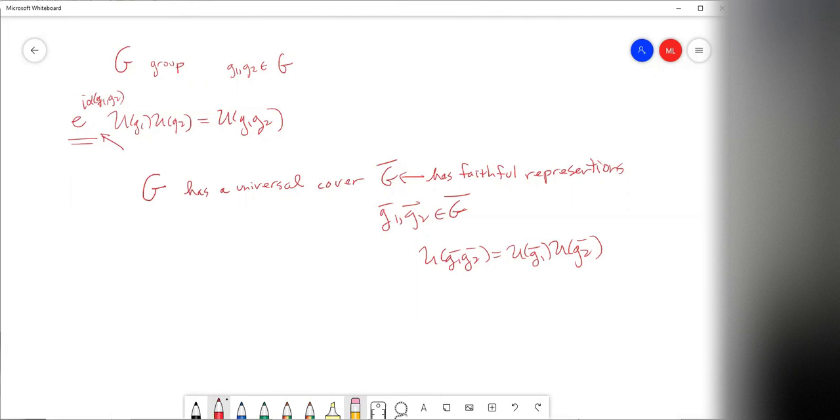And what a universal cover is, it's another group which all of the elements in G can be mapped to elements in G bar, but not necessarily one-to-one. So sometimes you will have multiple elements in the covering group that correspond to a single element of the original group.